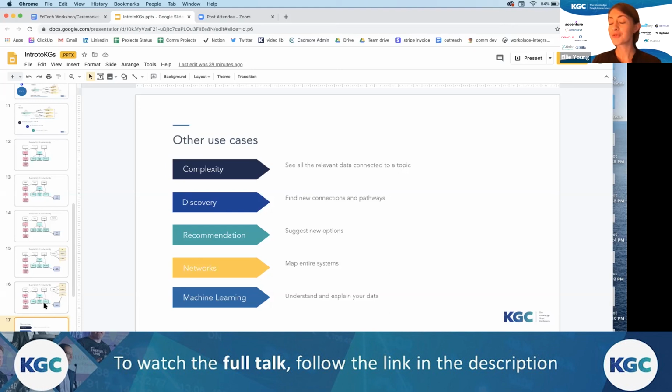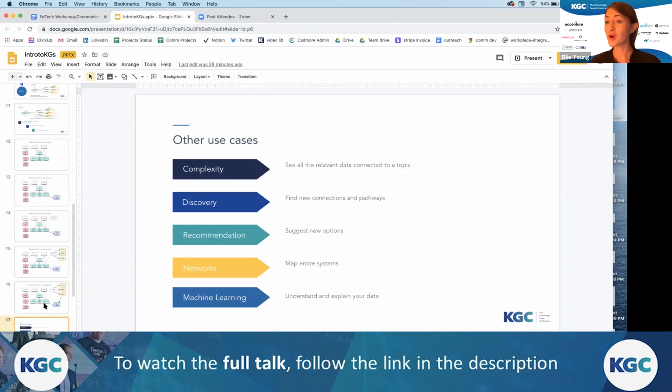It's also helpful for recommendation. So this is what Amazon uses to tell you what you might be interested in based on your purchases. And this can also be used for a lot of different kinds of recommendations. For instance, I know of a company that built a recommender system for oil and gas problems in the field.